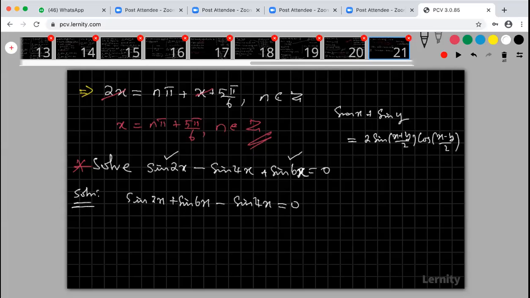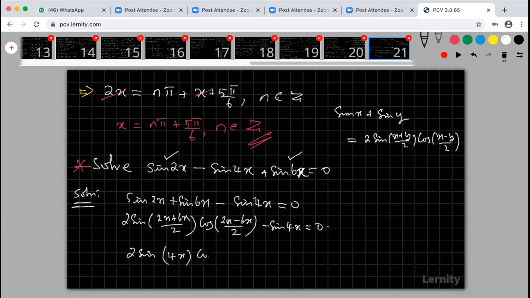So I'm going to apply the identity for these two, sin 2x and sin 6x. So this is 2 sin of (2x plus 6x) divided by 2, cos of (2x minus 6x) divided by 2, minus sin 4x equal to 0. 2x plus 6x is 8x, 8x by 2 is 4x.